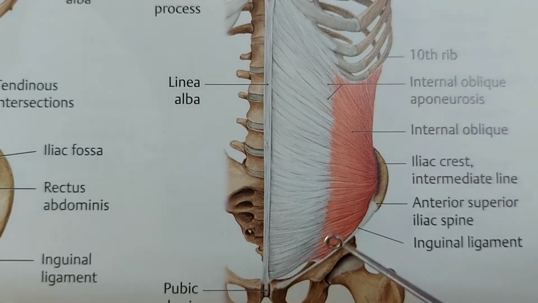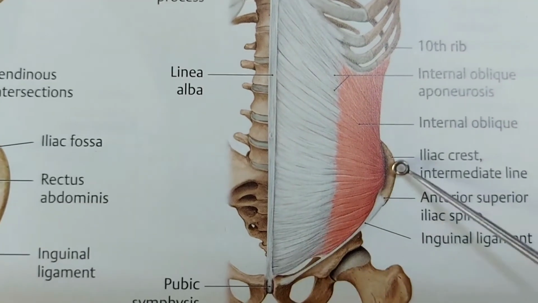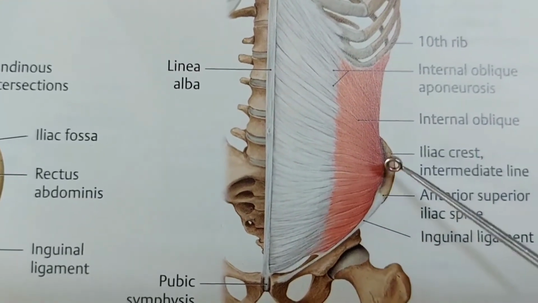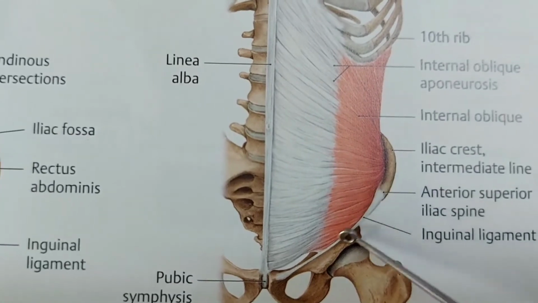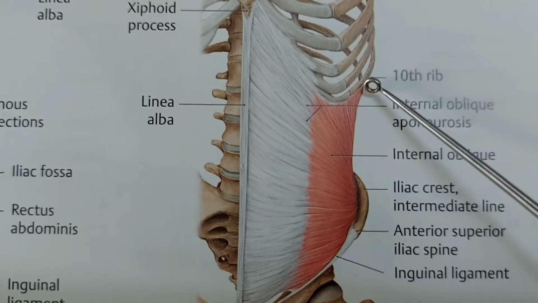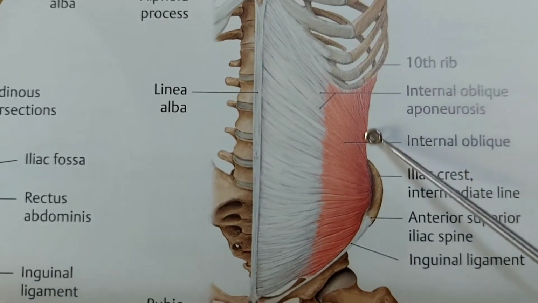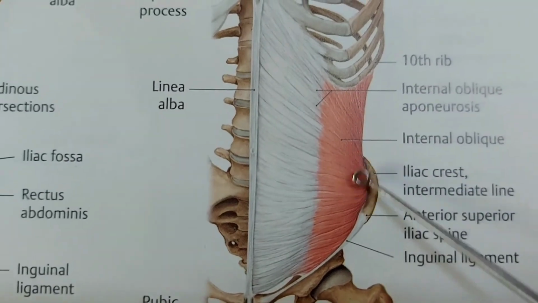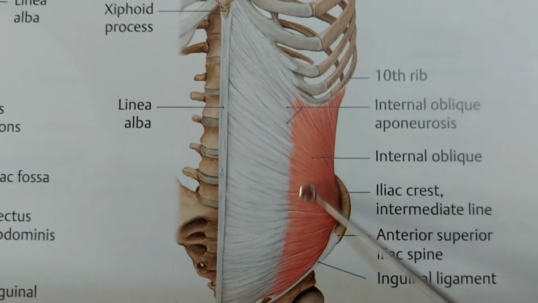And here we see the inguinal ligament, and the lateral two-thirds of the inguinal ligament, and the thoracolumbar fascia are the origin of the internal oblique. From this part of the body, the internal oblique muscle originates.